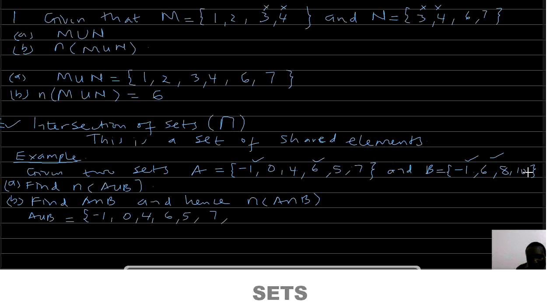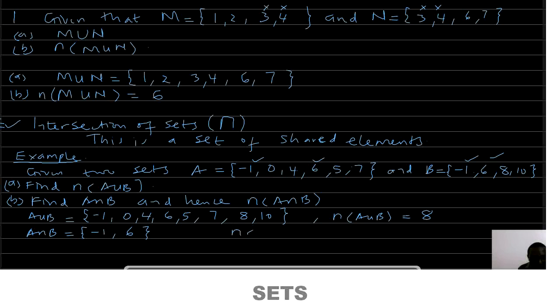Then we pick these other elements from set B. It should have elements from either set. The number of elements in A union B now becomes, the count is 1, 2, 3, 4, 5, 6, 7, 8. 8 elements. Then they say find A intersection B. A intersection B, those are our shared elements, and we have seen we have -1.